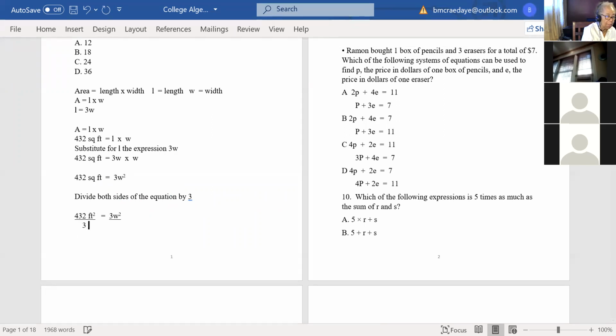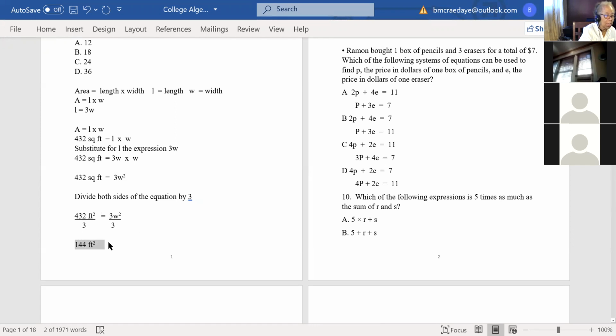So what do we get on the left side, Latoya? What's 432 divided by 3? 144. So we get 144, and the units will still be square feet.